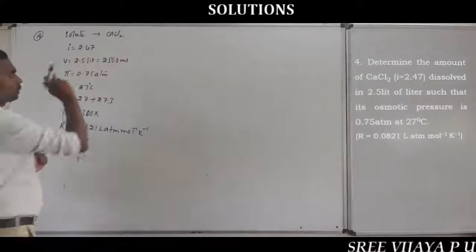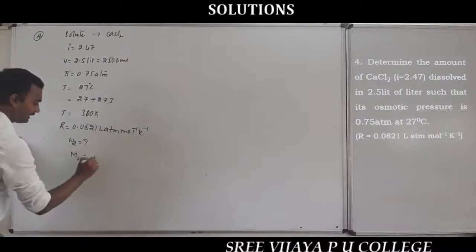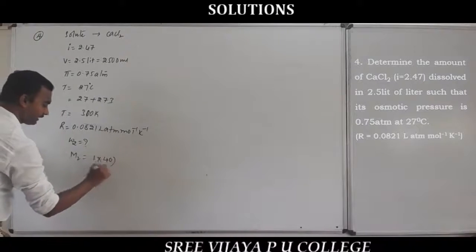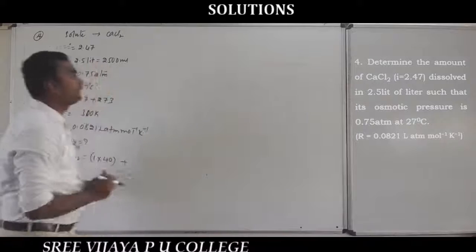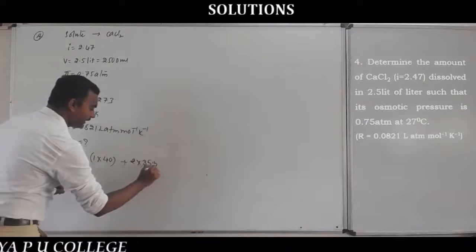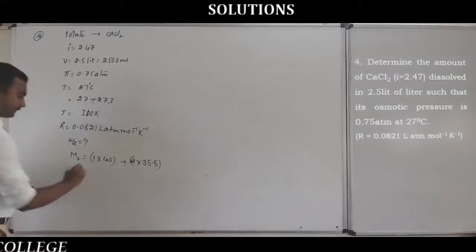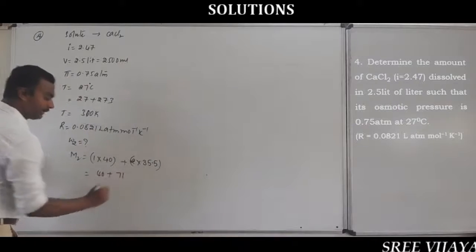You know the atomic mass of calcium and chlorine. There is one calcium, and the atomic mass of calcium is 40. Atomic number is 20, atomic mass is 40, and chlorine is two in number. The atomic mass of chlorine is 35.5. So that is 40 plus 35.5 into 2, which is 71.